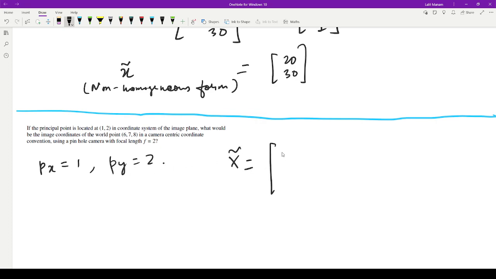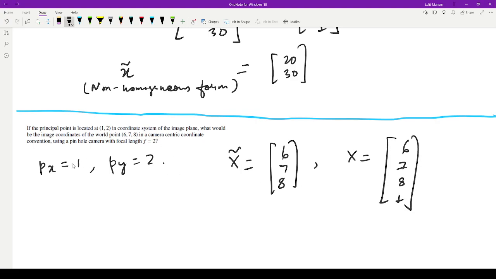The given x tilde is 6 7 8, so we can write the equivalent homogeneous form as 6, 7, 8, 1, and the focal length is again given as 2. We consider the focal length to be given in pixels, 2 pixels.